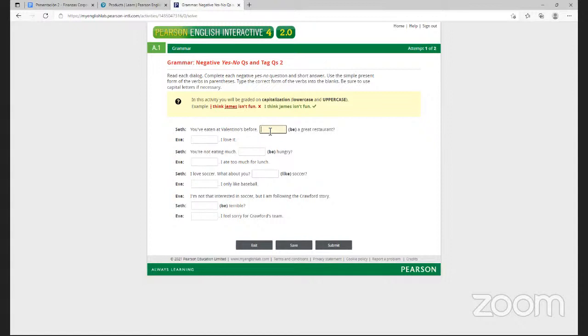Yes, you have to complete it. If you have, for example, B, it means that your question is going to be a negative yes/no question, but with the verb to be. In others, for example, it's going to be a simple present question.